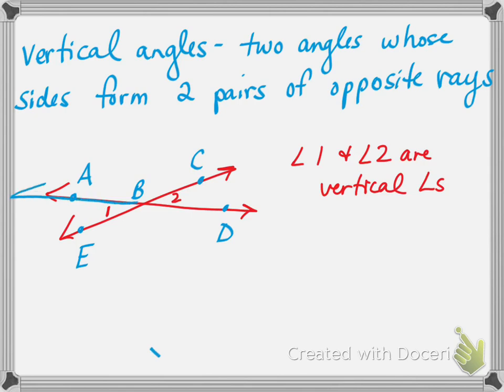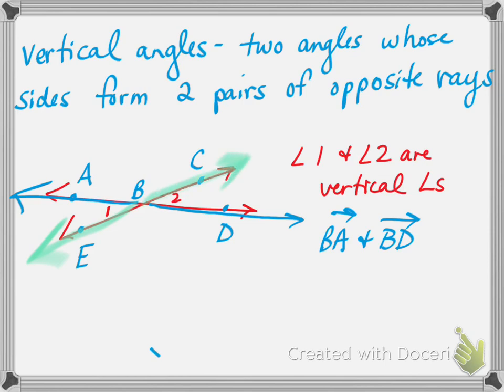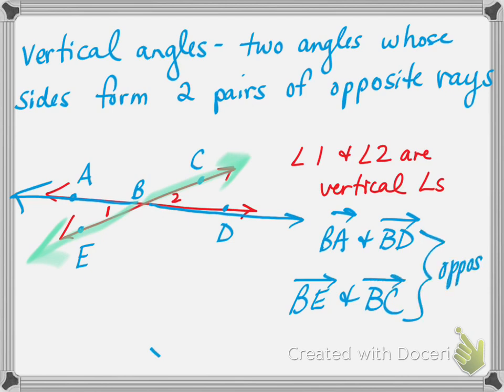This is one side for angle 1. Do you see the opposite ray in angle 2? So ray BA and ray BD are opposite rays. So that's one pair of opposite rays. Well, it says there's two. So look here at BE and BC. The other two sides of each of those angles, BE and BC, are also opposite rays. So there's the two pairs of opposite rays.